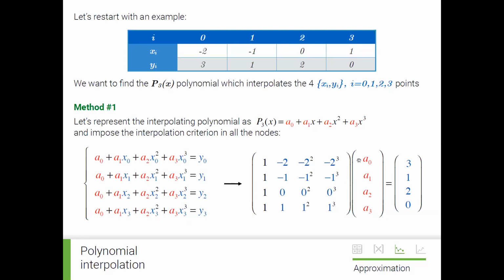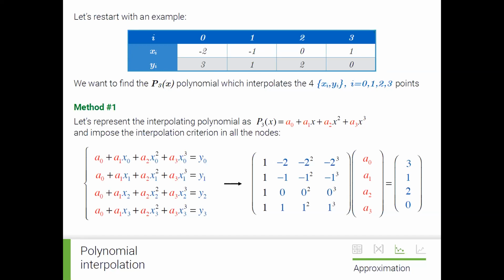So this is the first matrix, just a matrix. Then this is the matrix of unknown variables, A0, A1, A2, and A3. And then this is the matrix of Y. So here you can see Y0, Y1, Y2, and Y3. In this case, this equals 3, 1, 2, and 0.